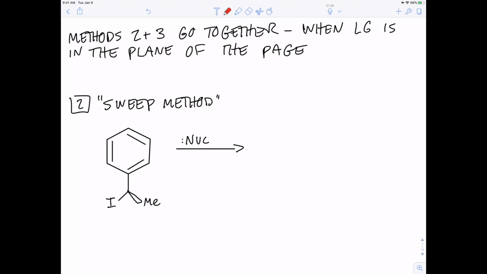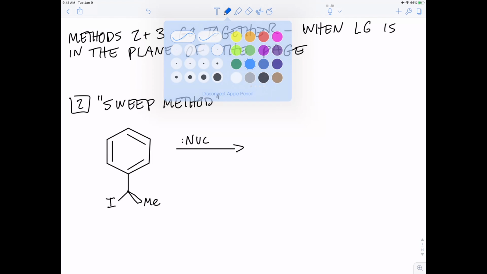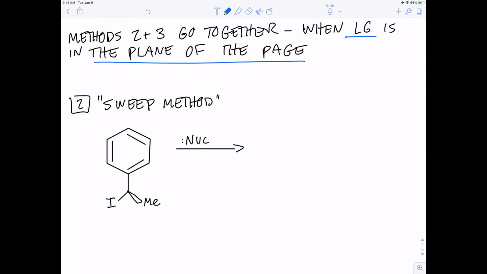Now we have two other methods, methods number 2 and number 3. They're both used for the same case of when the leaving group is in the plane of the page. So when that's the case, it's a little harder to represent inversion. At least you can't do it quite as directly. And there are a lot of ways to go about this.